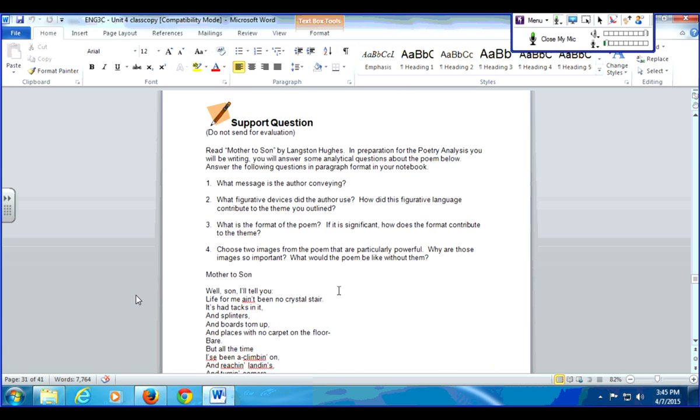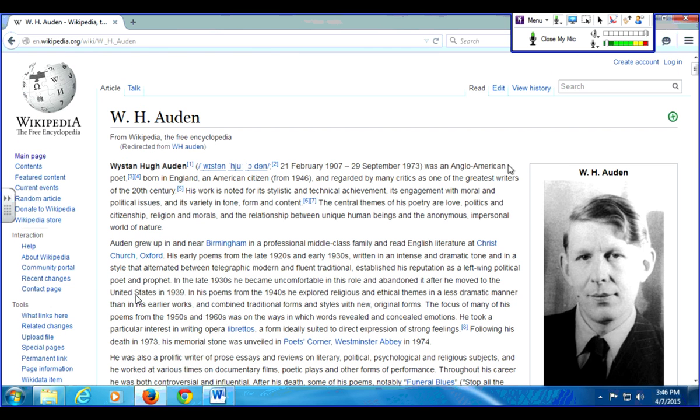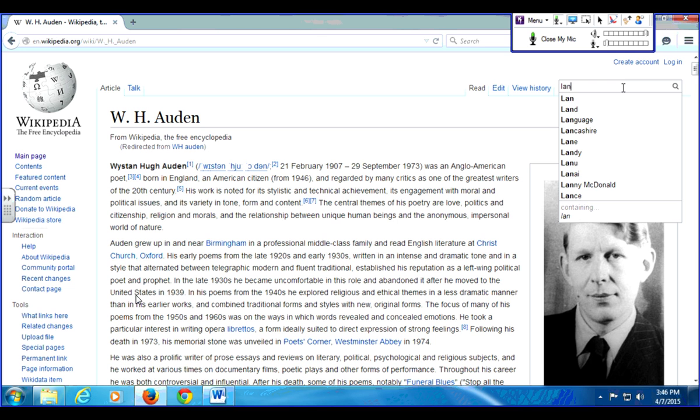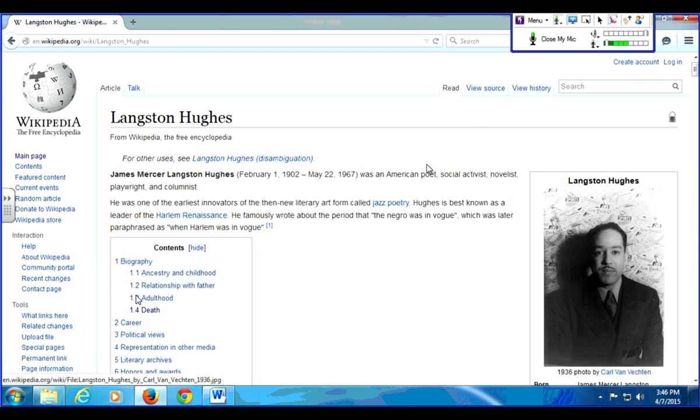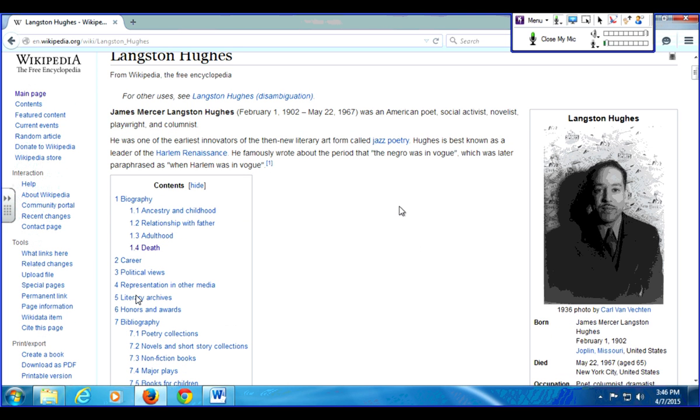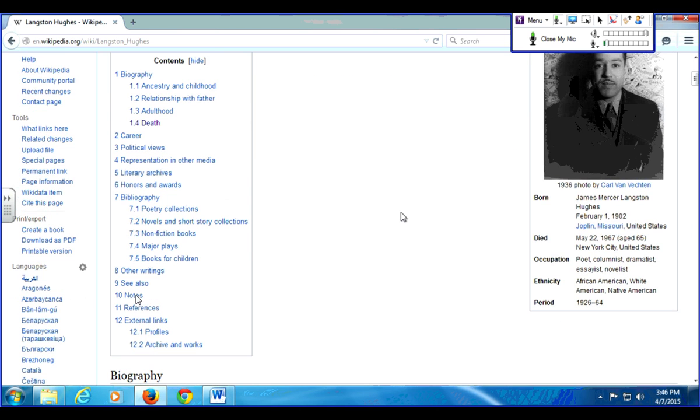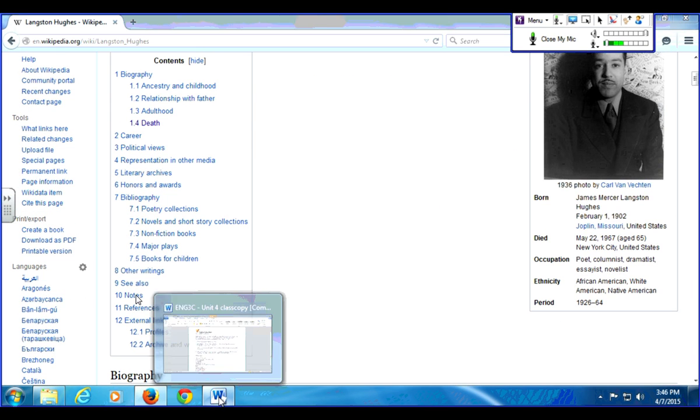It says, read the poem below, which is Mother to Son by Langston Hughes. Now, Langston Hughes is also another famous poet. He was American, and he was an African American poet. So his poem is called Mother to Son.